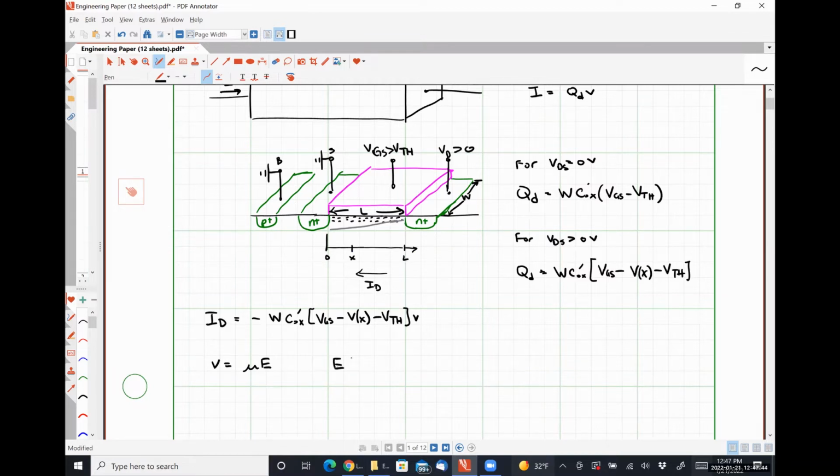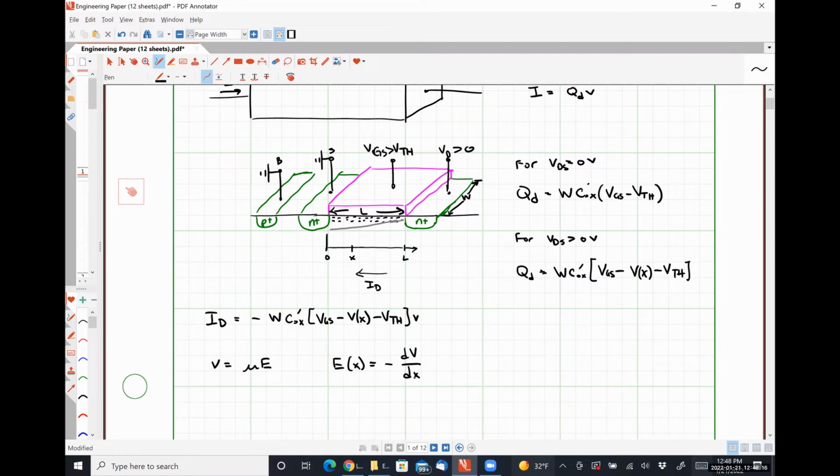And from physics 202, potentially ELEN 313, electric field is nothing more than negative the gradient of the voltage.